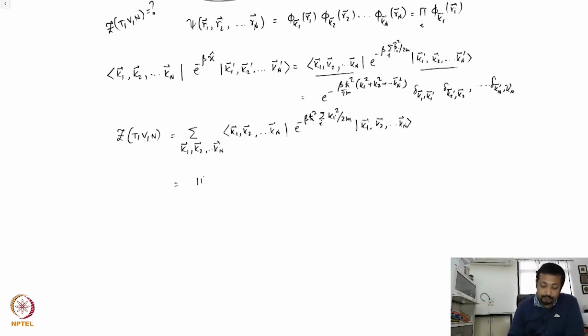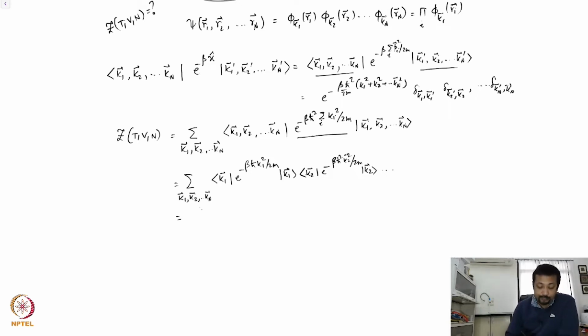So this is a product over i. You can split this because the exponential splits into products, so you have k1, e to the power minus beta h bar squared k1 squared over twice m, k1, then k2, e to the power minus beta h bar squared k2 squared over twice m, k2, and so on and so forth. And the sum over k1, k2, ..., kn also splits.